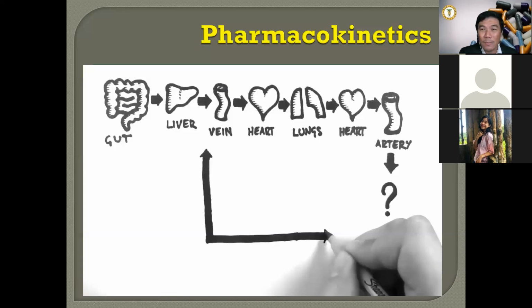Still, the drug is carried by the plasma, and this oxygenated blood goes back again to the left side of the heart. From the left side of the heart, it will be ejected to the largest artery of the body, which is the aorta. Once it is ejected to the aorta, it will be distributed to the systemic circulation. So this is how anatomy and physiology is very important in pharmacology.